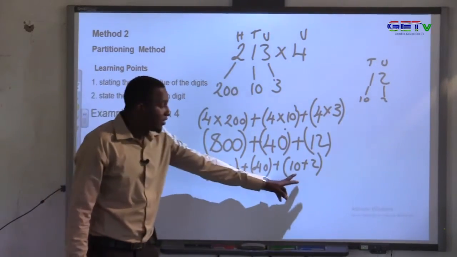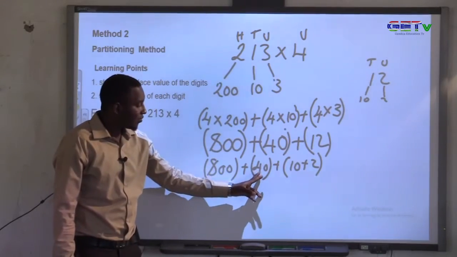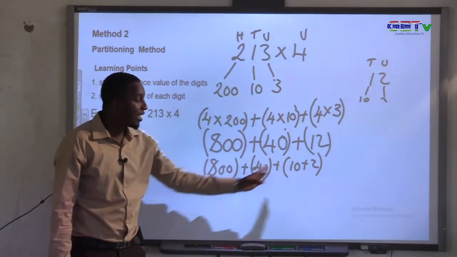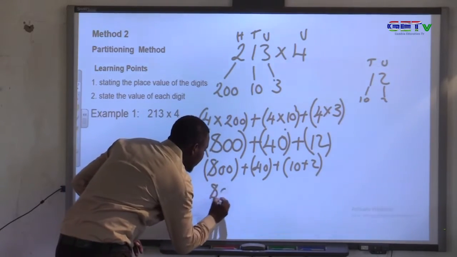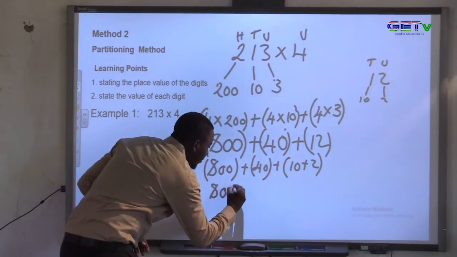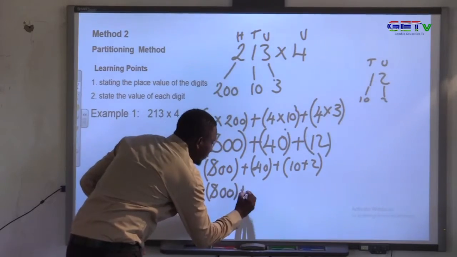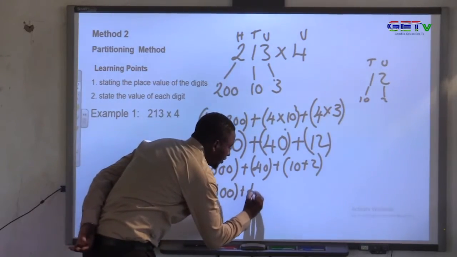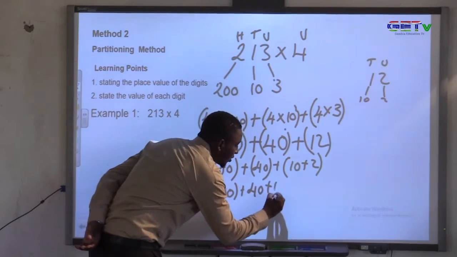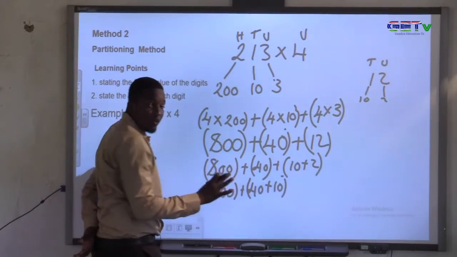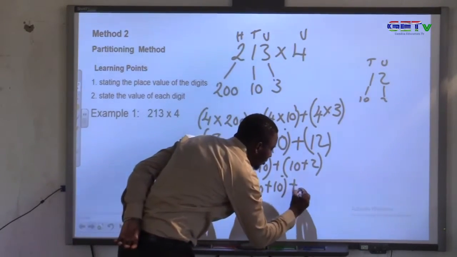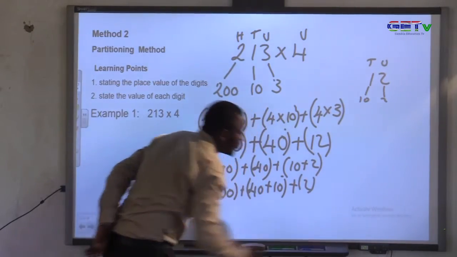Well, this is a 10 and this one also is a 10, so we are going to add them together. So we are going to have 800 plus 40 plus 10. We are grouping the 10s together. Then we have plus 2.